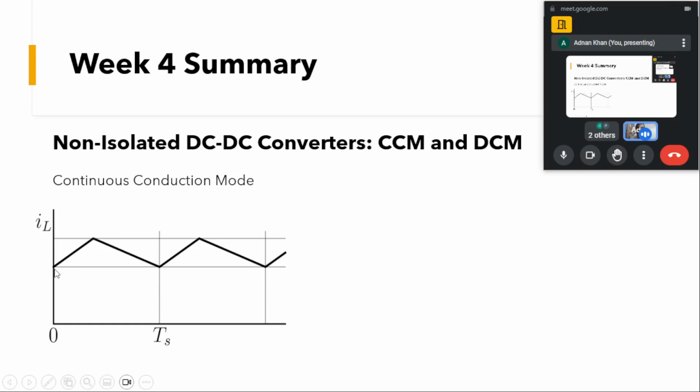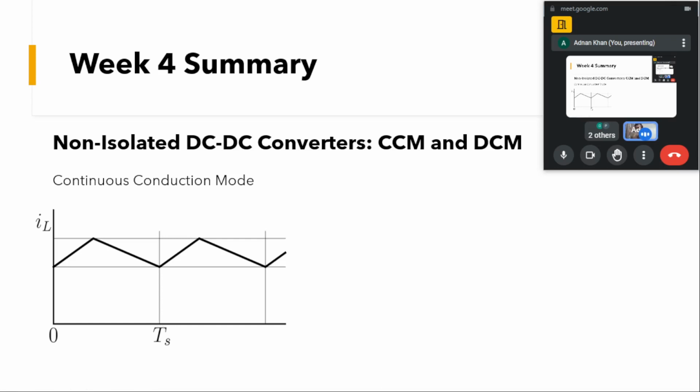If we decrease the size of the inductor, our ripple will increase. Let it touch this and here it reaches up to this point, because we have to follow the volt-second balance. But you can see there will be one case, if we allow so much ripple, that the ripple will reach some peak point and its lower peak will reach zero. That will be the boundary condition.